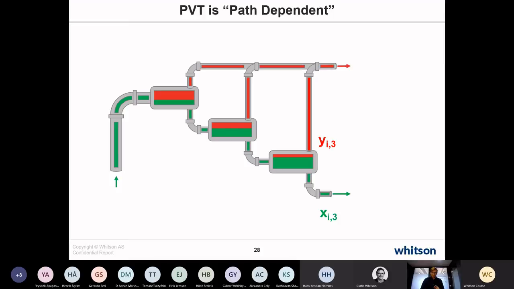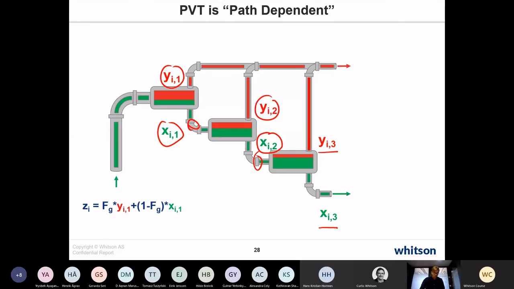And what you learn about in university is that you should follow the compositional path over each separator. So you first have to recombine these two to get the composition that went into this separator, and then you use this composition and recombine over this separator right here to get this one, and then you use this one and this one to get the total well stream composition.